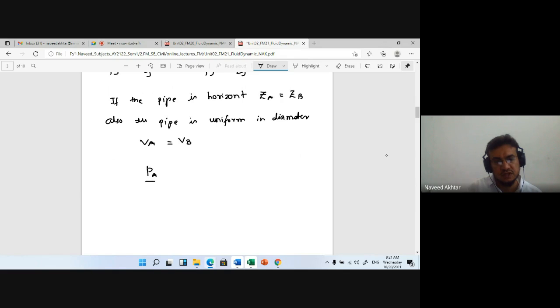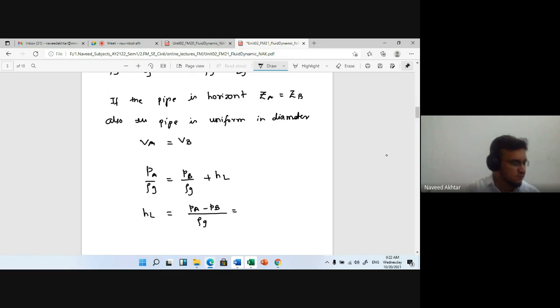PA upon rho G is equal to PB upon rho G plus HL. If I write down HL, the head loss will be PA minus PB divided by rho G.